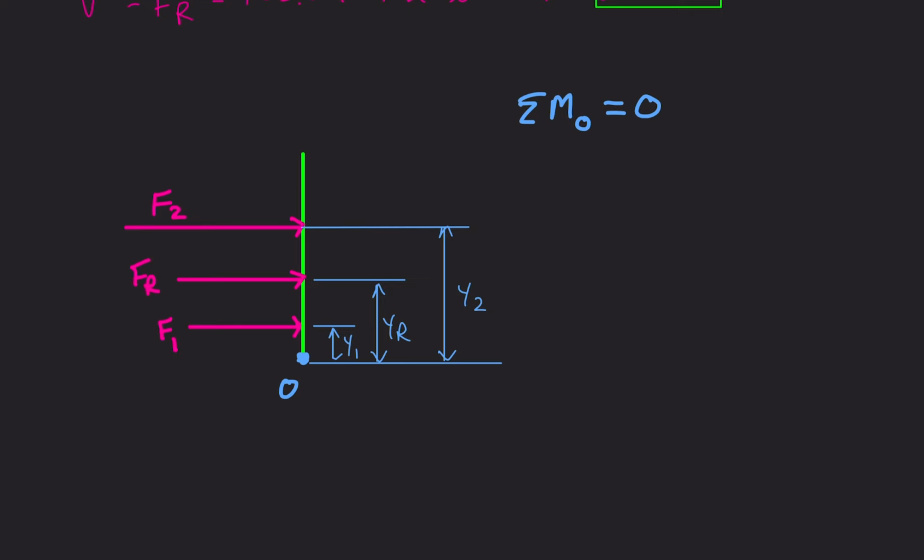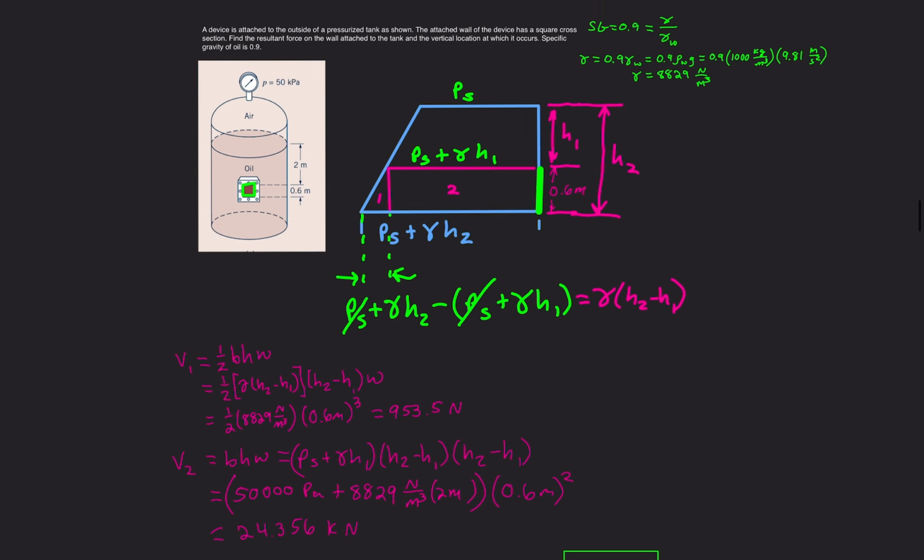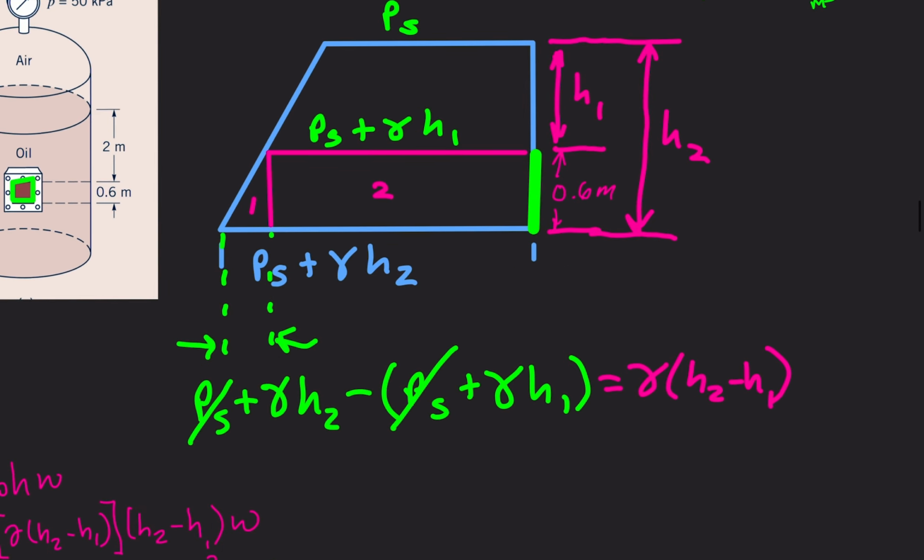Now, what are those? Well, the force from 1 and 2 go through the centroid of the shapes 1 and 2, respectively. So the centroid in the vertical direction here, since we're talking about the vertical direction of this shape, the y component of the centroid is 1/3 of this height.